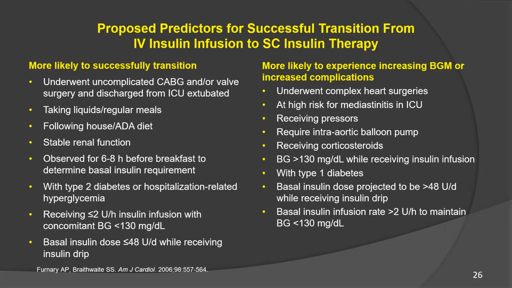Basal insulin dose projected to be more than 48 units per day while receiving insulin infusion. Basal insulin infusion rate has been more than 2 units per hour to maintain the blood glucose less than 130. So they are mostly the critical patients, especially those related to heart surgeries or heart failures, type 1 diabetics, and those requiring higher insulin doses.